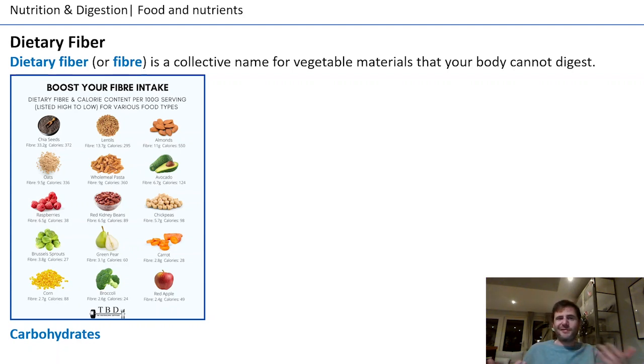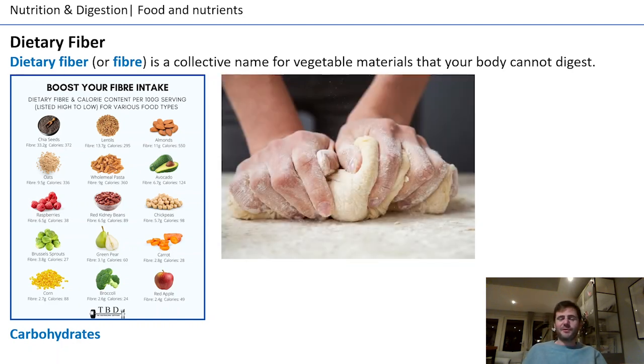But if your body just throws them out, why are they important? Well, many fibers absorb water and swell up in the stomach or in the intestines. This makes your food or your stool firmer, so it can be kneaded and move more easily through the intestines. Fibers also give you a feeling of fullness, so you don't get hungry again so quickly.